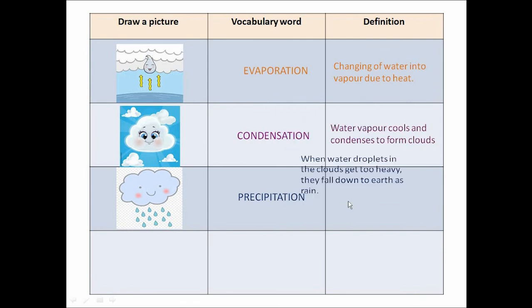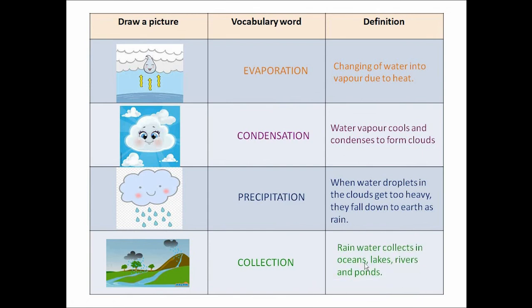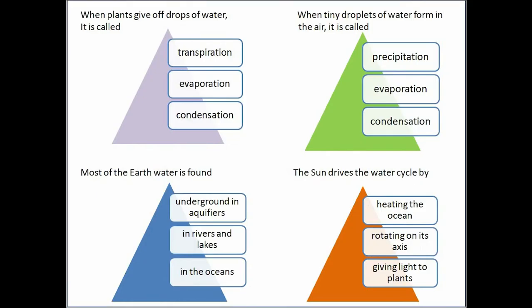Precipitation and the definition for it. Again this, wait for the child to write the vocabulary word and after that the definition for it. So our worksheet will look like this. Similarly, you can have a worksheet in another way, this way.